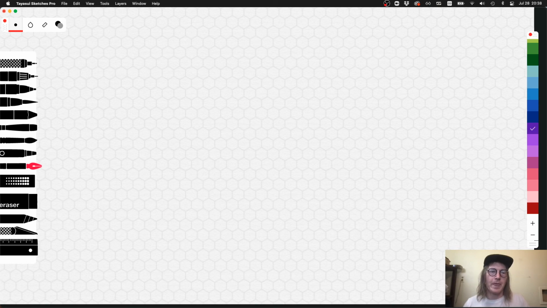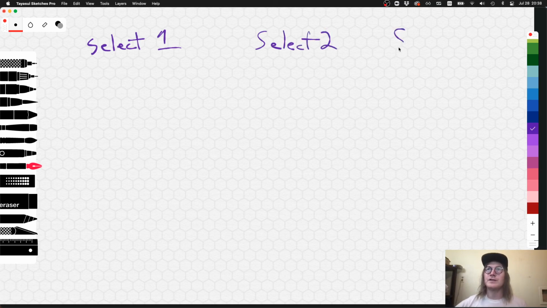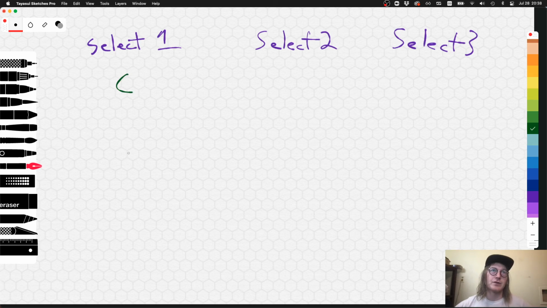Okay, so let's rewrite this idea. So we have selection 1, selection 2, and selection 3. And this is still working with those same items from before. So cat, dog, and hamster. So these are the different ways that we might do this.